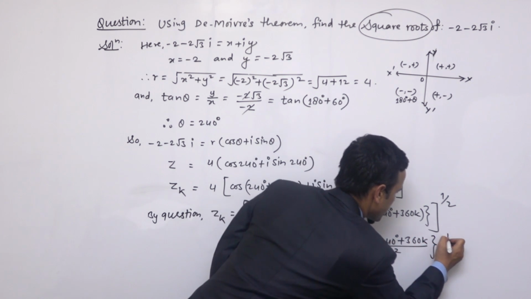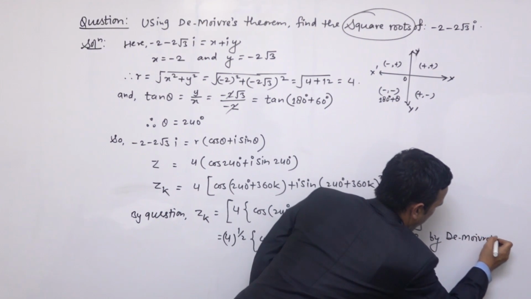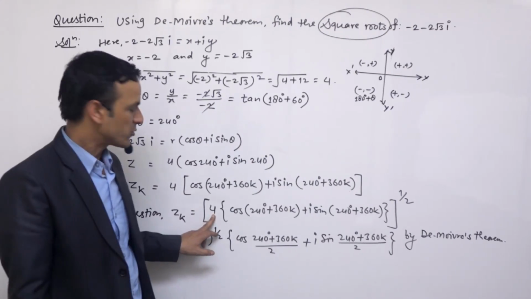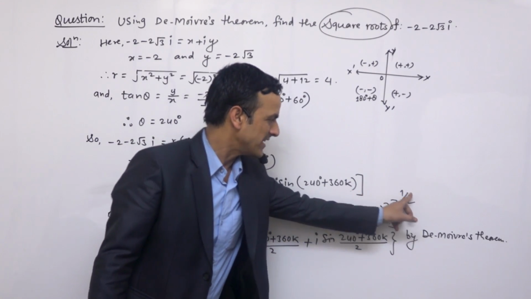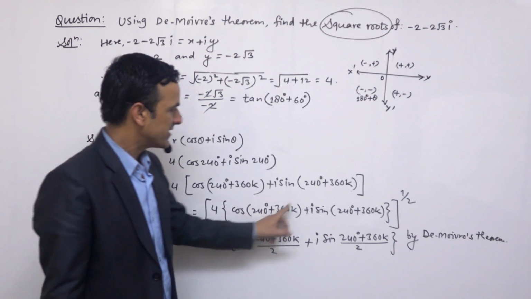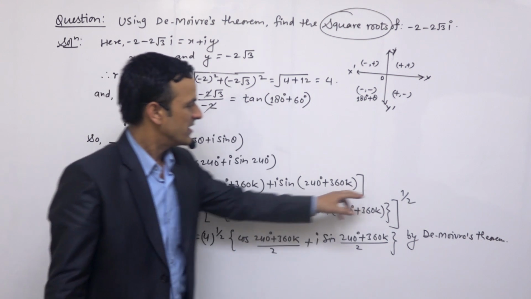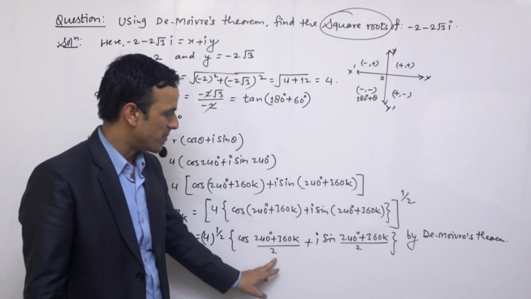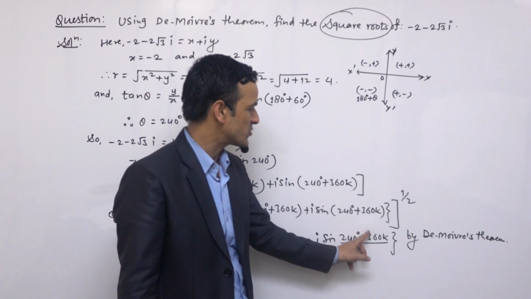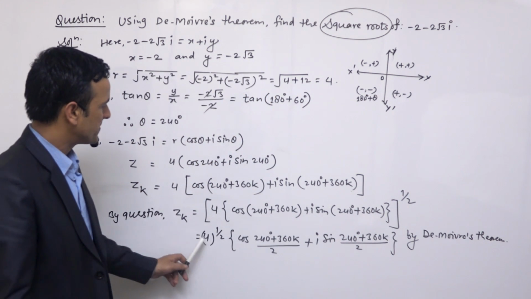This is obtained by de Moivre's theorem: r to the power n, cos n theta, where this is theta and this is n. So n times theta means this upon 2, that is, this times 1/2. So this is the solution of zk.